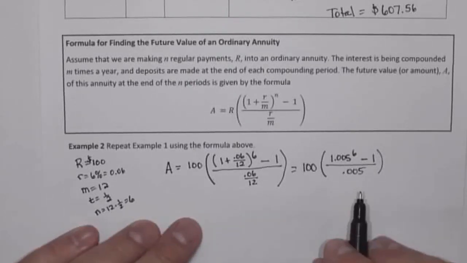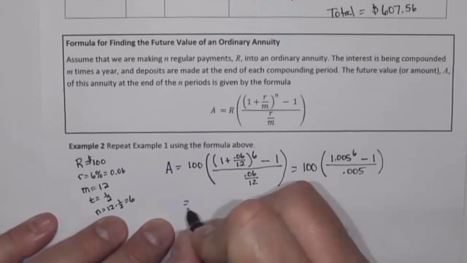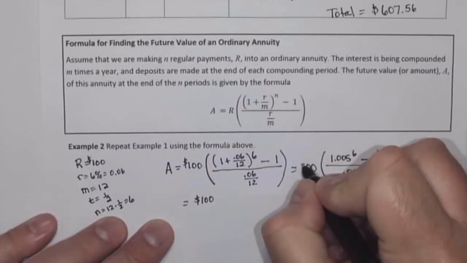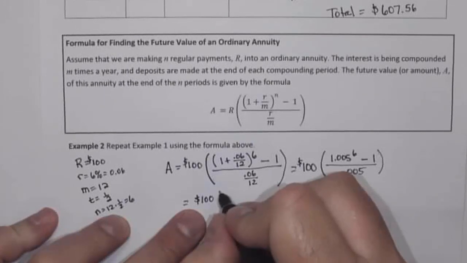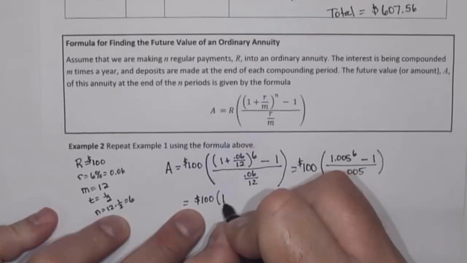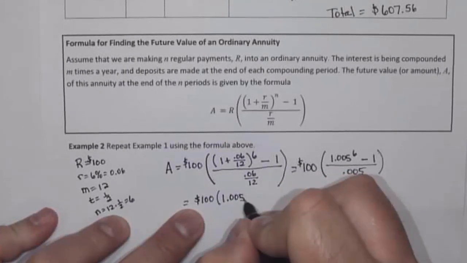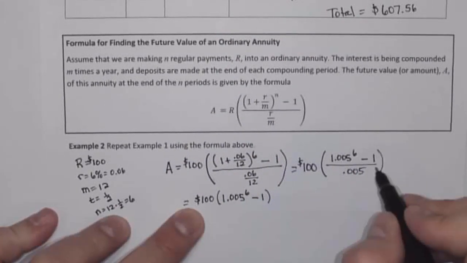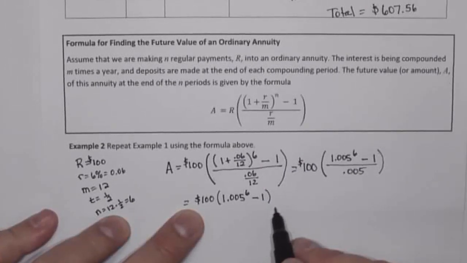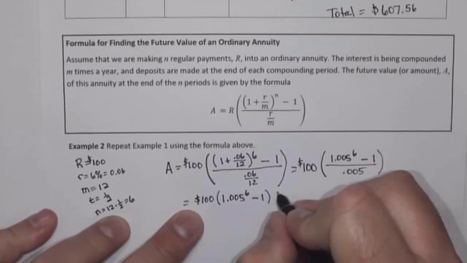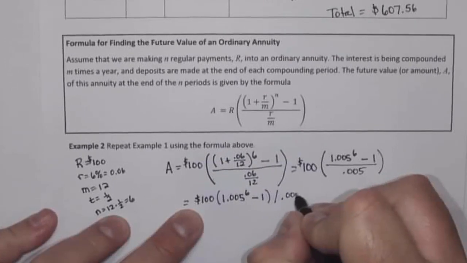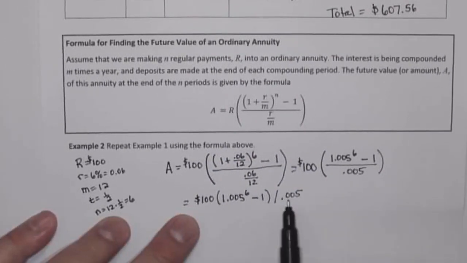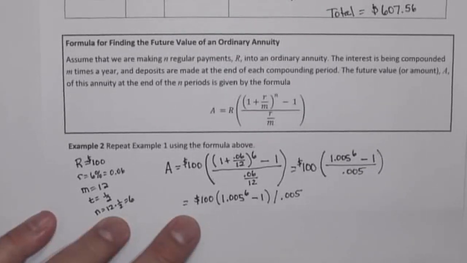I'm going to write down how I'm going to enter that: the $100 times 1.005 raised to the 6th power minus 1. I'm going to put the numerator of this fraction in parentheses, and then divide by 0.005. As long as I simplify here, I can enter it like this, which isn't bad.